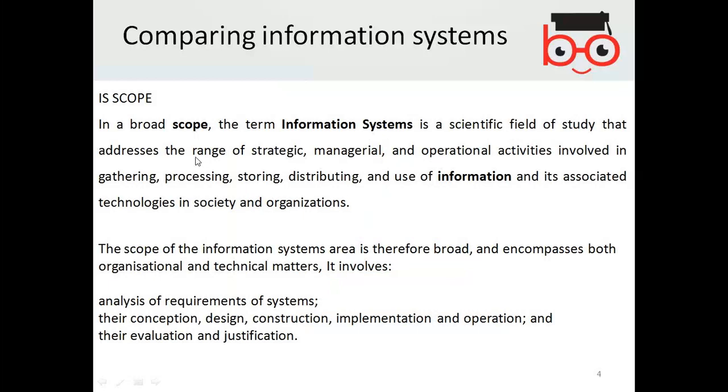Now, scope. As far as the information scope is concerned, in a broad scope, the term information system is a scientific field of study that addresses the range of strategic, managerial, operational activities involved in gathering, processing, storing, distributing, and use of information and its associated technologies in society and organizations.